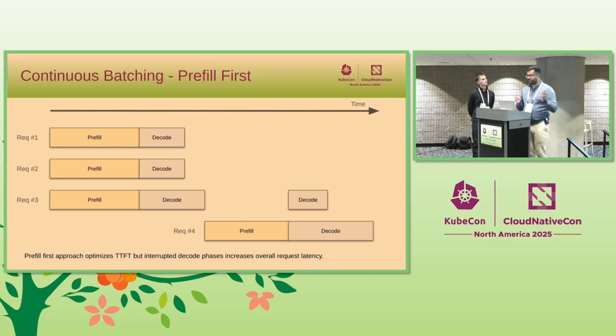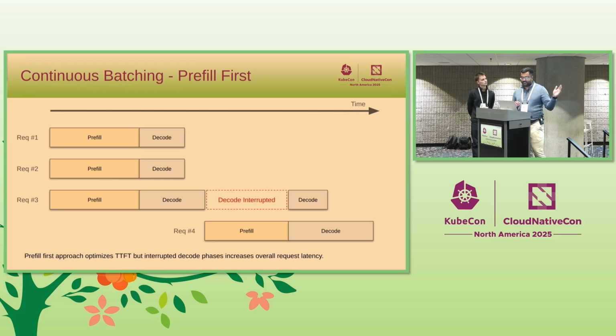This is where continuous batching, that is the ability to batch at every token generation step with a prefill-first approach, comes in. When a new request comes in, now the decode batch is interrupted, and the new prefill batch is prioritized without any queuing. The interrupted decode stages are continued in the next cycle.